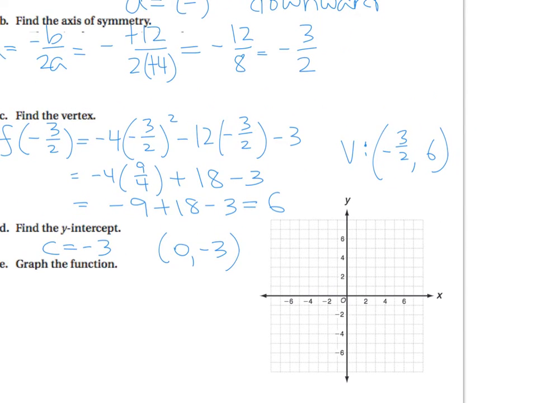Hopefully you followed all of that. Substituting in that axis of symmetry coordinate for x, it's -1.5. It's approximately right through there. -1.5, 6 is here. 0, -3.